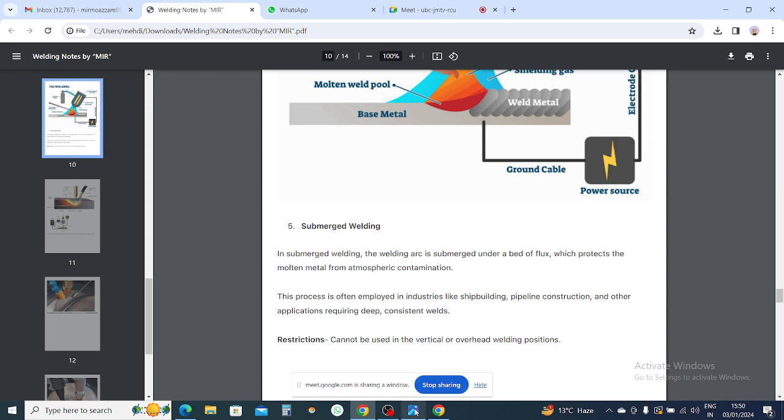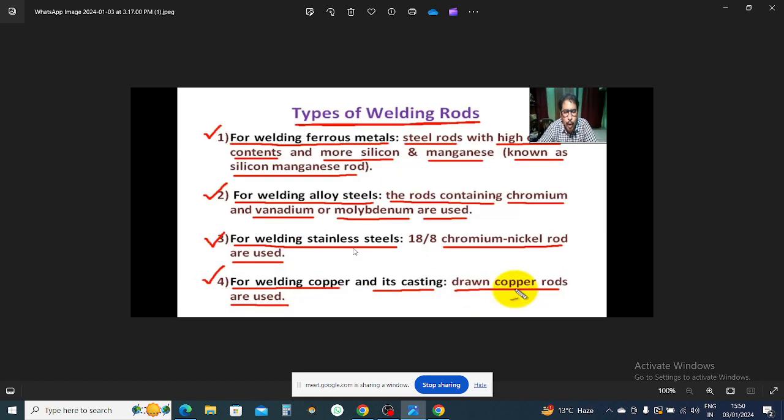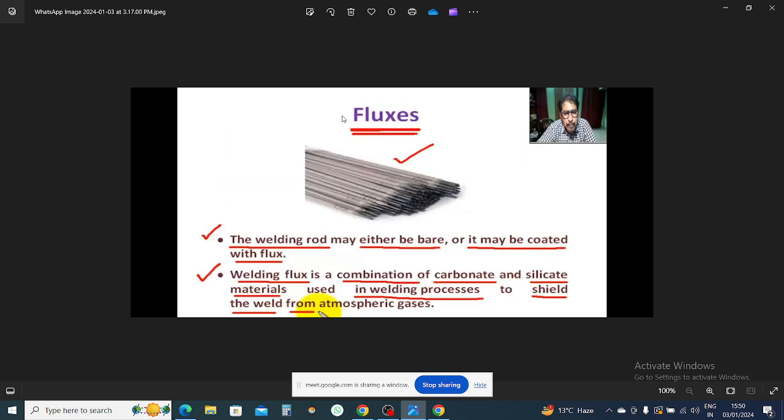And I have a few more pictures. What is flux? Flux, as I told you, in metal arc welding is used to protect from oxidation. In some weldings we use gas, in some we use flux, in some we use granular flux.